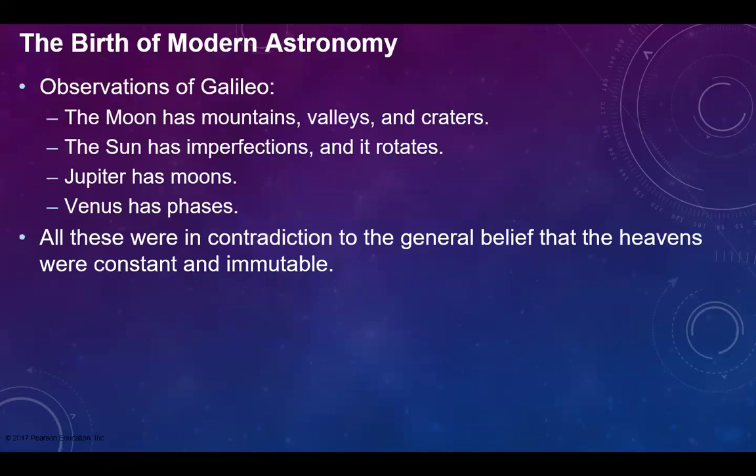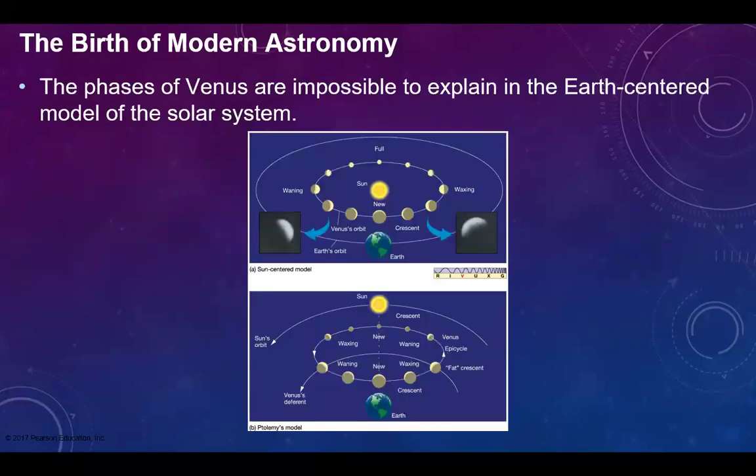So Galileo observed these things, that the moon had mountains, valleys, and craters, the sun had imperfections and that it rotates, Jupiter had moons, and Venus has phases. These were all contradictions to the general belief that the heavens were consistent and immutable, but he didn't have any way of making a model that could predict the location of planets, or an explanation for how this worked.